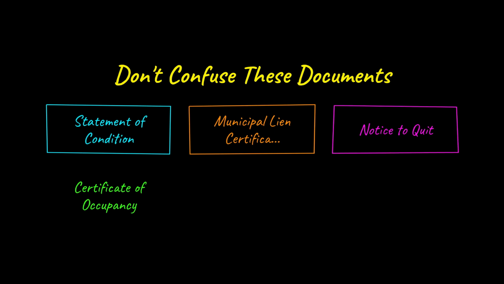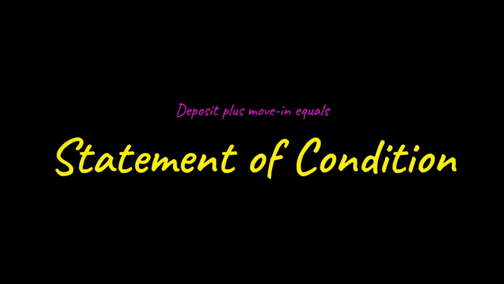The notice to quit ends a tenancy, and the certificate of occupancy confirms code compliance for a building. None of these describe a unit's condition at move-in tied to a deposit. Whenever a stem pairs a security deposit with a written record of condition at the start of a tenancy, the answer is the statement of condition, the baseline that protects both landlord and tenant.